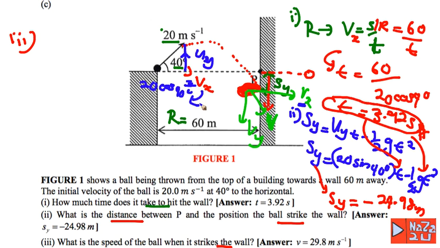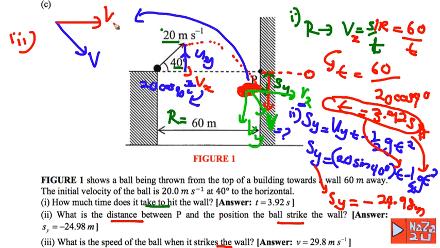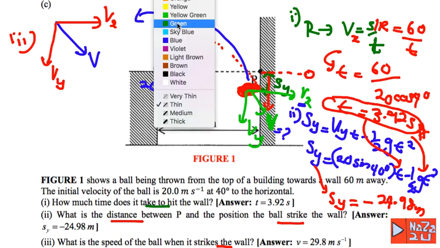To find the value of v, you can resolve it to vx and vy, and then use Pythagoras.